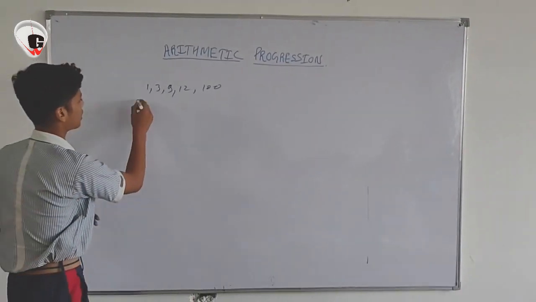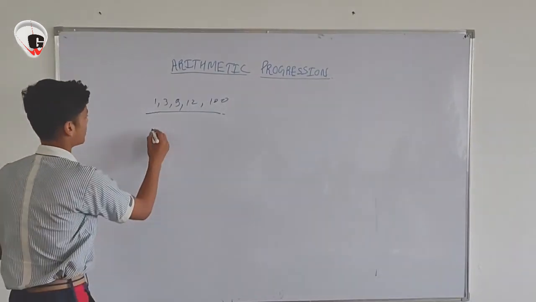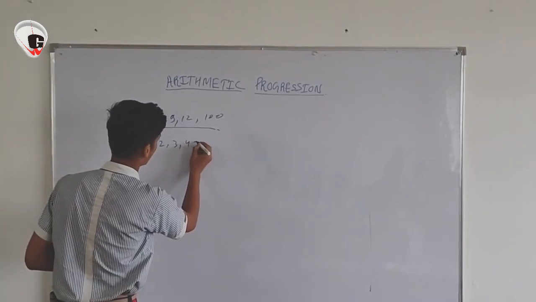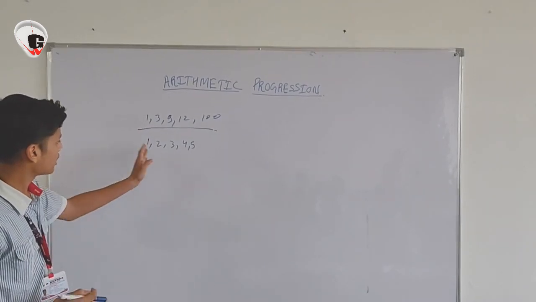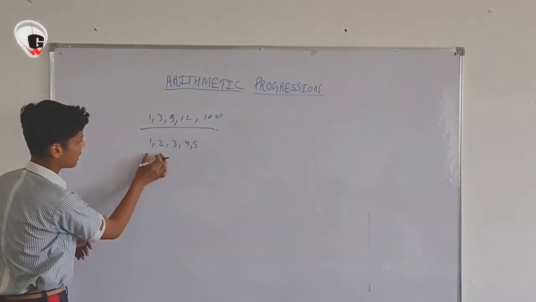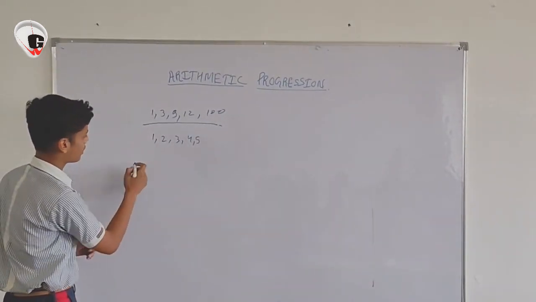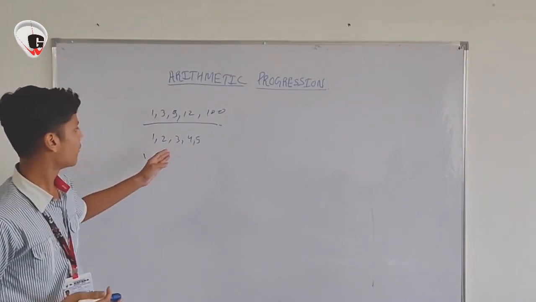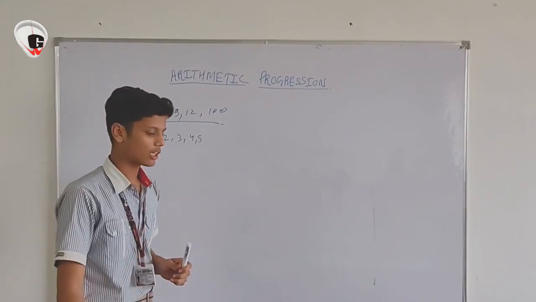But if I write a progression, that is 1, 2, 3, 4, 5, here we can see there is a system in which the progression is going, and the system is that the difference of the second term and the first term is 1. When a progression goes in a systematic way, we say it is arithmetic progression.